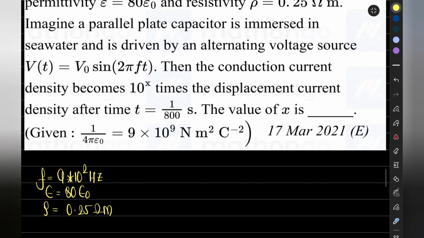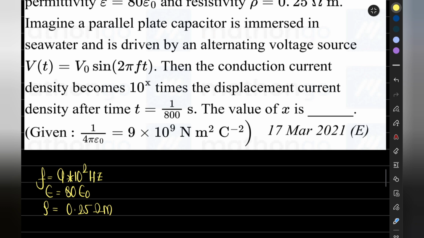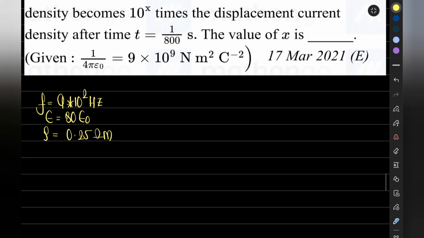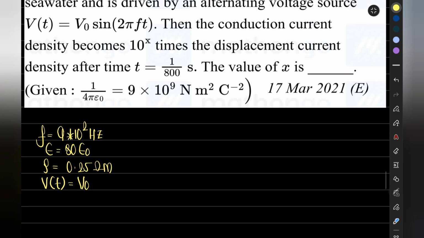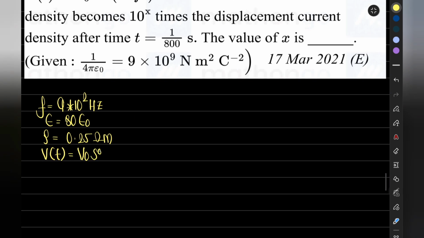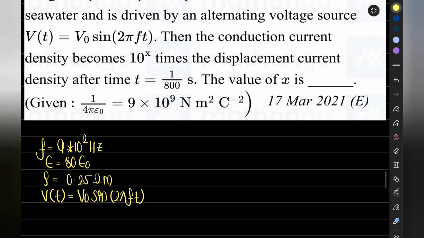After that they have said imagine a parallel plate capacitor immersed in the seawater and driven by an alternating voltage. So voltage also they have given, V of t equals V naught sine 2 pi ft.